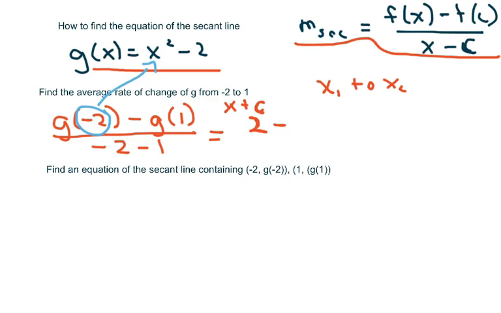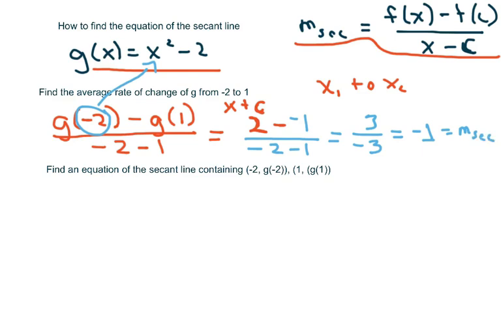And g of 1 is 1 squared minus 2, which is -1, over -2 minus 1. So the numerator is going to be 3 and the denominator is going to be -3. So that gives you -1, which equals the average rate of change of the secant line, or the slope.